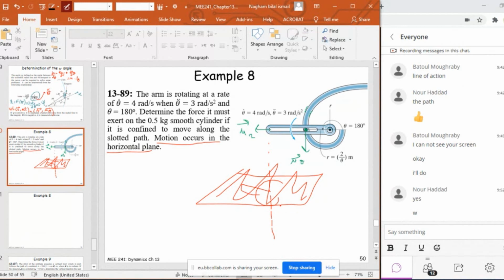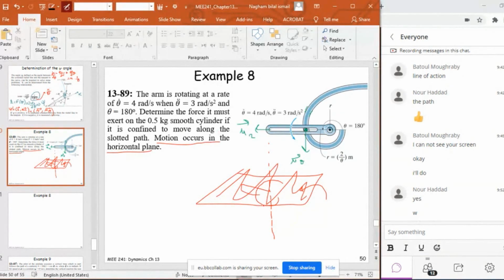So if I am at this plane, I'm taking a section from upside, looking from upside and drawing this figure. So if I am in this horizontal plane, the weight will not be shown.